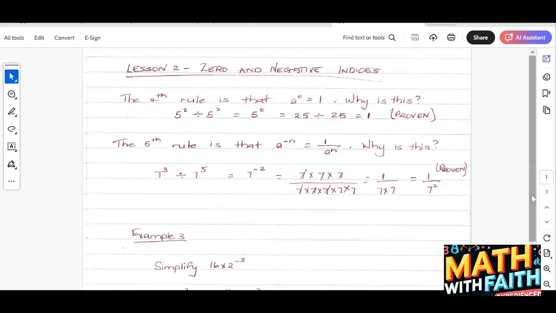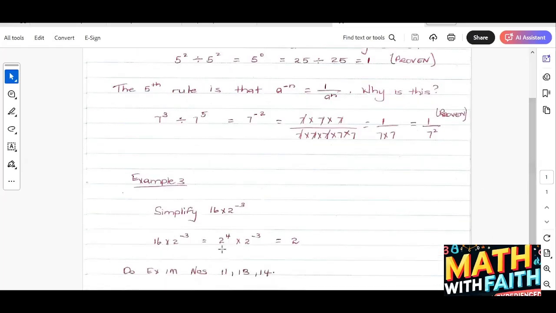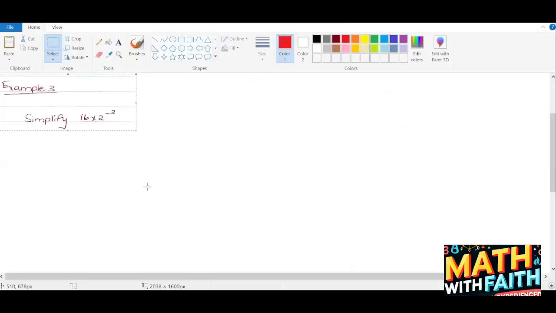So for that, we will go to an example. The example says, simplify 16 by 2 to the minus 3. So how are we going to work that out? So 16 and 2, well, they are two different bases.